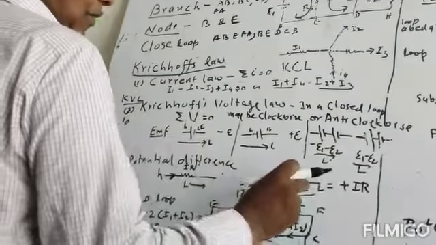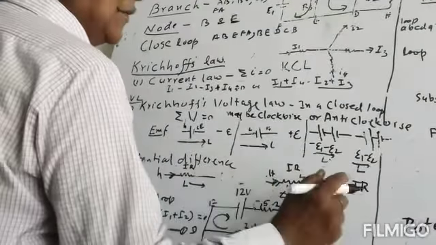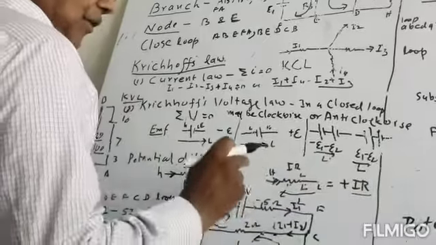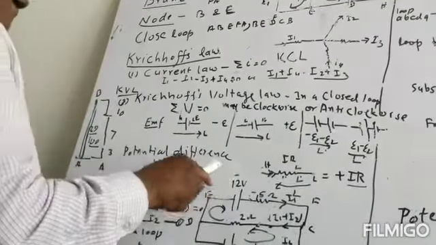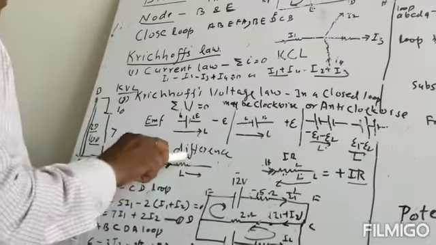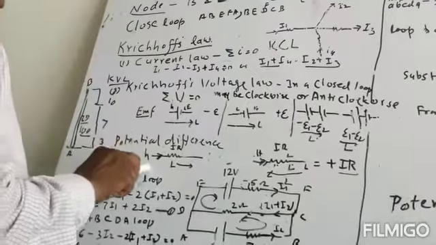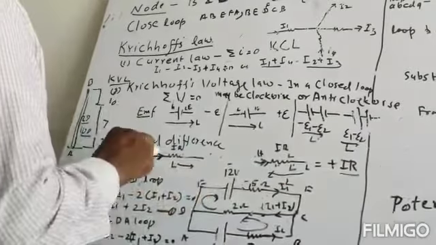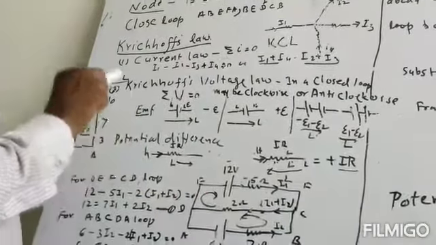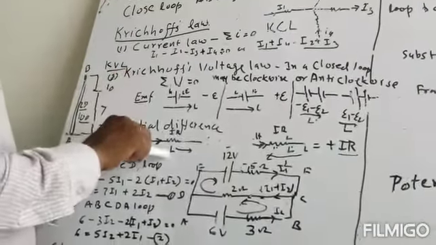So it will go from lower to higher, then this IR will be positive. So IR will be positive if we go from lower to higher, and it will be negative IR when we go from higher to lower. So this is one way of representing the sign convention for EMF and potential difference.